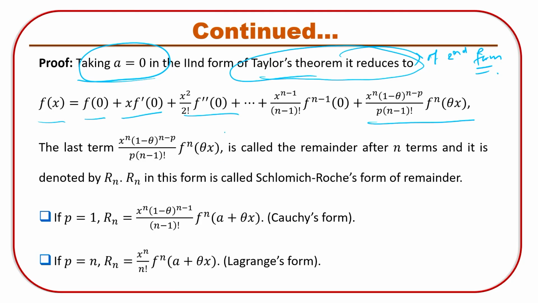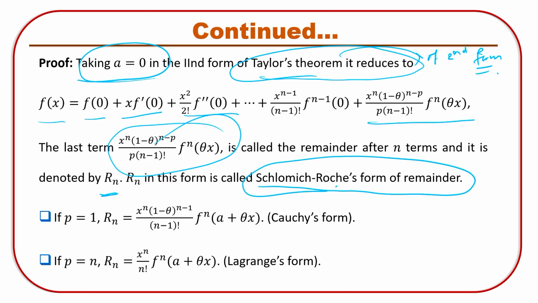The last term is called the remainder after n terms, and it is denoted by Rn, and it is also called the Schlömilch-Roche form of the remainder. If I put p equal to 1, it will give you the Cauchy remainder, and if I put p equal to n, it will give you the Lagrange remainder.